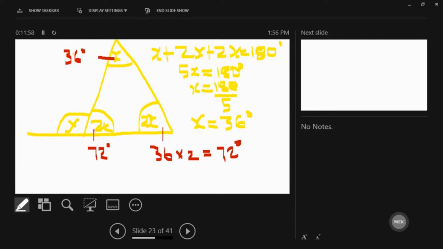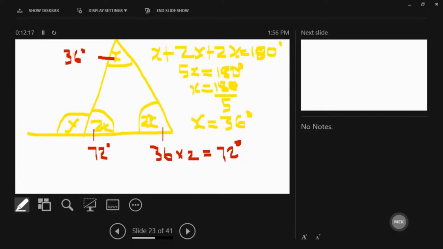Oh, but Zion, you missed something. You missed the other x. Remember, you have an x, then a 2x, then a 2x. So it's not 4x, it will be 5x.